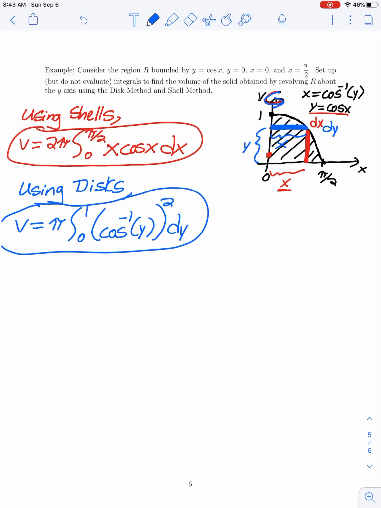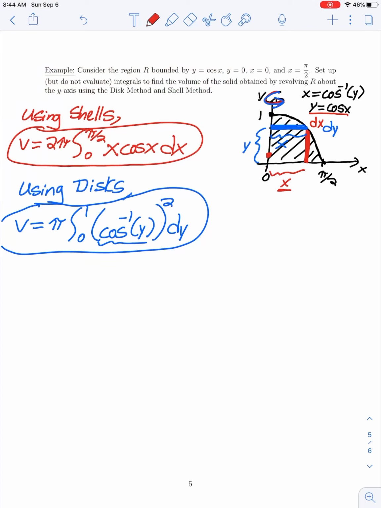So we have these two integrals for the volume of the solid of interest in terms of the shell method or the disk method. Now, if we were to evaluate these, again, we would get the same volume. And looking at these two integrals, it appears that probably the first integral using the shell method would be easier to evaluate than the second, because the first one at least doesn't involve this messy arc cosine function.